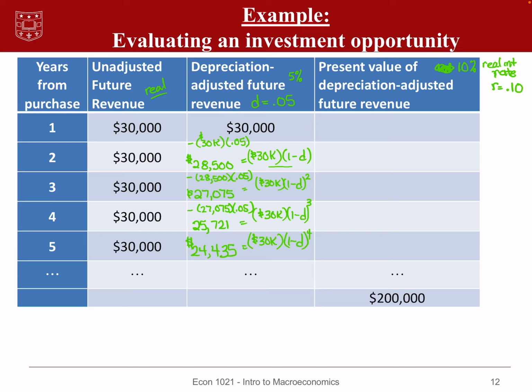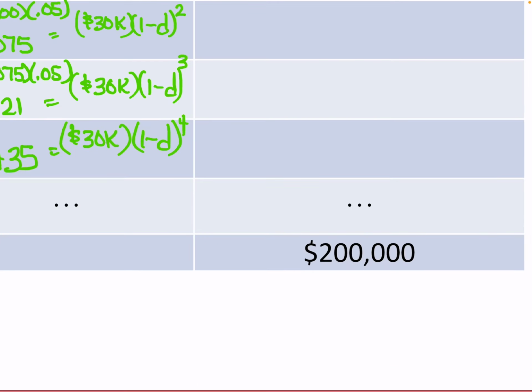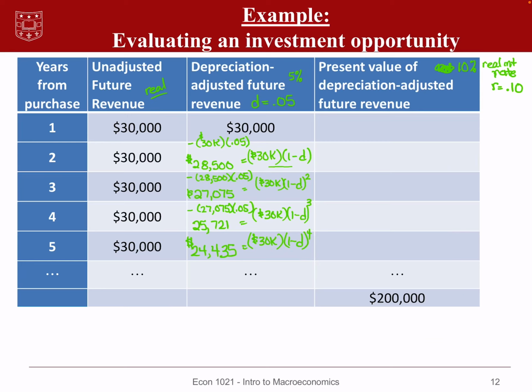And so if we were going to figure out the present value of getting $30,000 in 1 year from now, that would be $30,000 divided by 1 plus 0.10 raised to the 1st power.